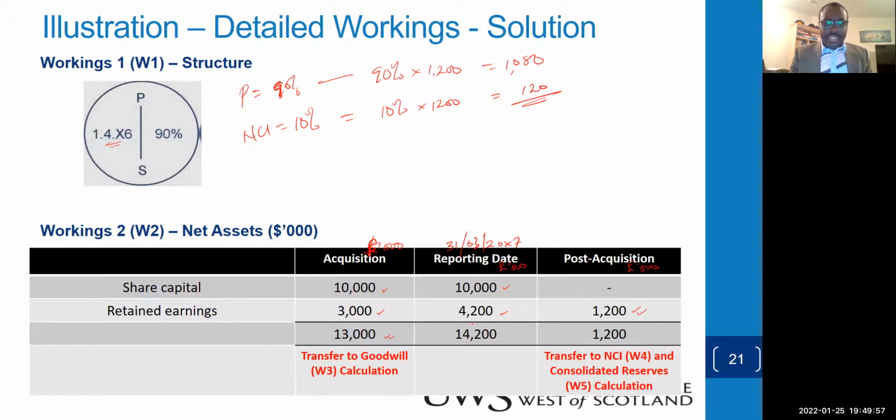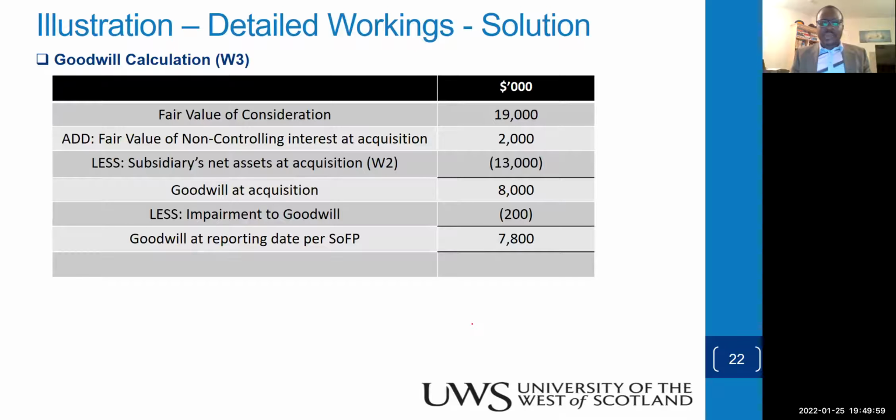Basic, easy to understand. Now we calculate the goodwill. In the question, it says we purchased 90% of the shares of the subsidiary for 19,000. That's the cash consideration. Then we add the fair value of the NCI at acquisition, which the question clearly told us is 2 million.